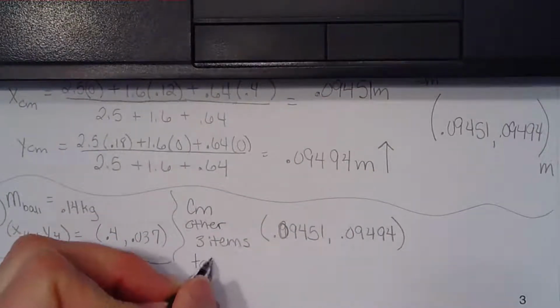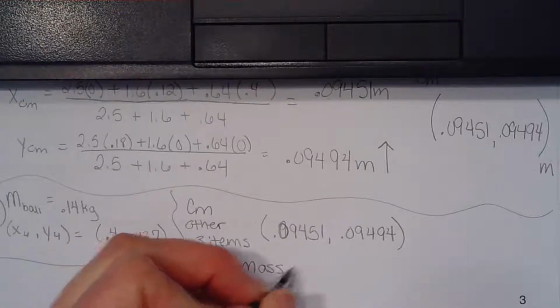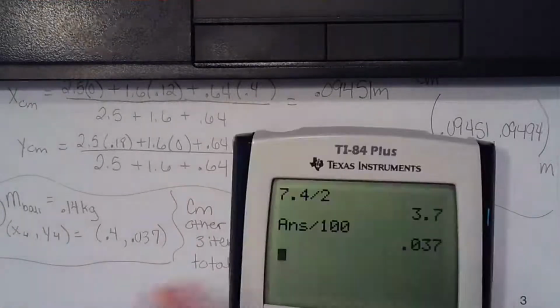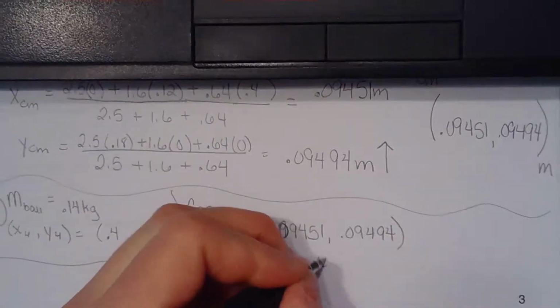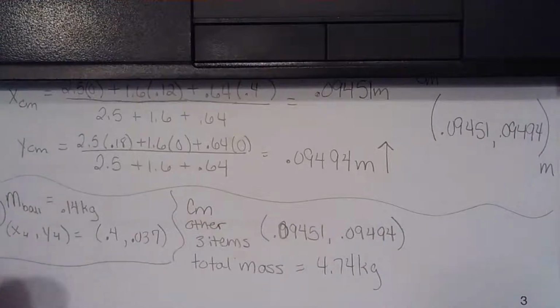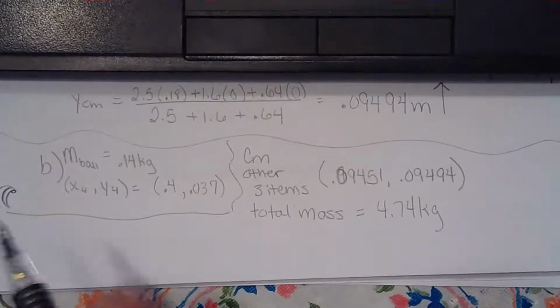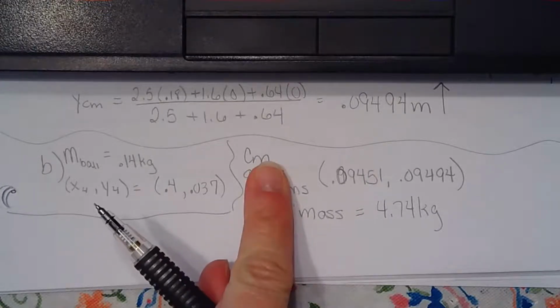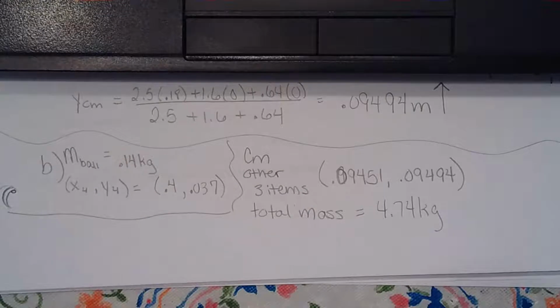So the total mass of the other three items is whatever the items are added together: 2.5 plus 1.6 plus 0.64, so 4.74. If you want to do it as four separate ones, go ahead. I did it as well, and I got the same answer, so it really doesn't matter. But I'm going to treat it like two items: these three items becoming one item, plus this new thing that I'm adding to the system.